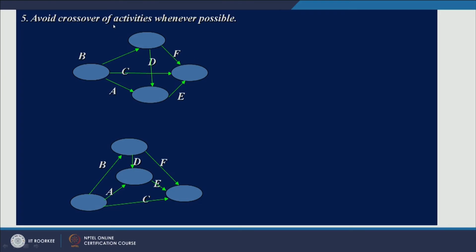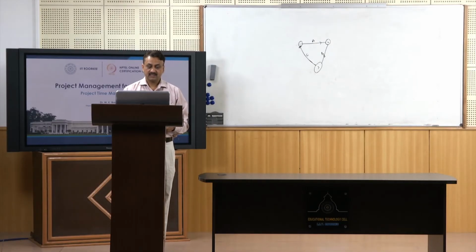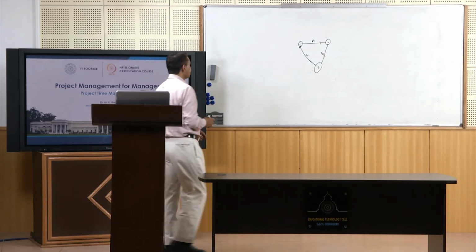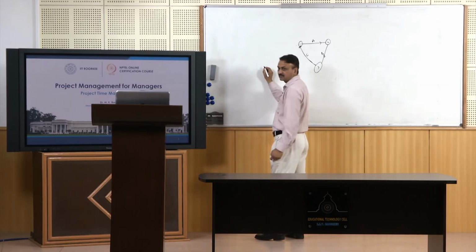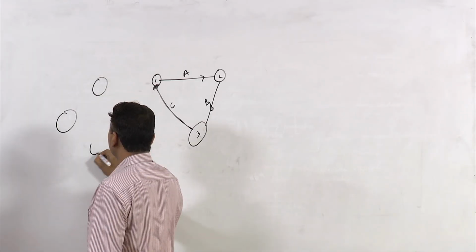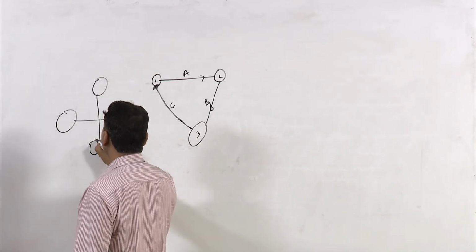Avoid crossover of activities whenever possible. Just look at this: in this network activity D and C are crossing each other. So, try to avoid a situation like this. If not possible, then you can have a situation like this. For example, let us say you have a network like this.